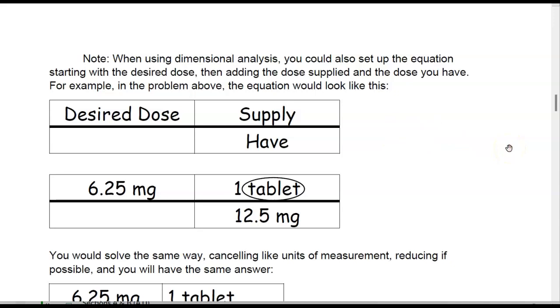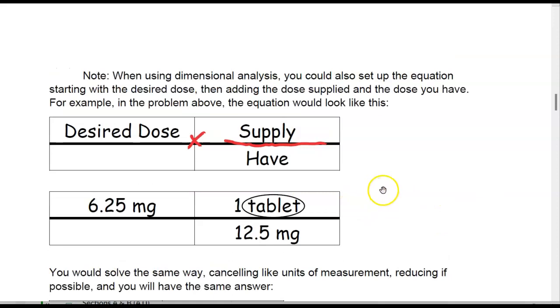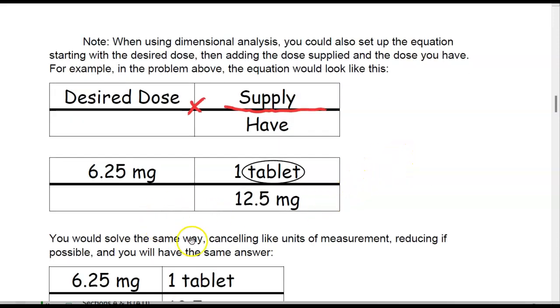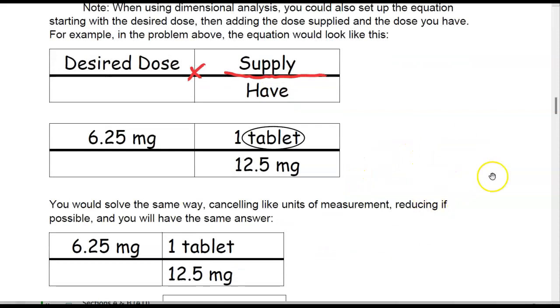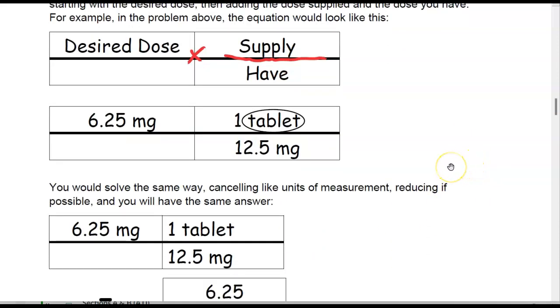Previously, you learned that you place the supply and what you have first, times the desired dose, but you can actually change it to the desired dose first, times your supply and what you have. If you substitute it, you would solve the same way by canceling the units of measurement and reducing if possible, and you will have the same answer.